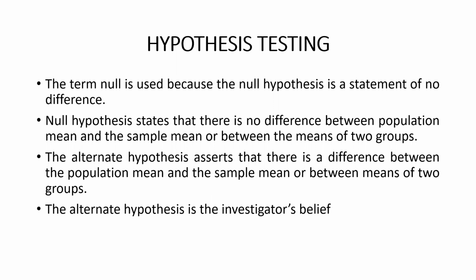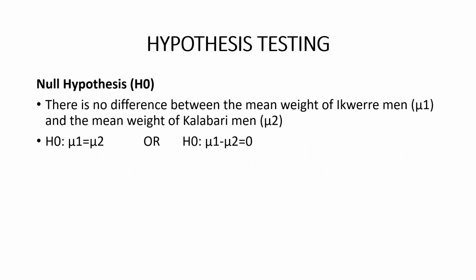So in those two senses, a typical example: there's no difference between the mean weight of Ikore men and the mean weight of Kalabari men. See, same variable, weight, same summary measurement, mean. What you want to know is, we saw a value. Mu1 is the mean weight of Ikore men. We got a value, and we got a different value from Kalabari men.